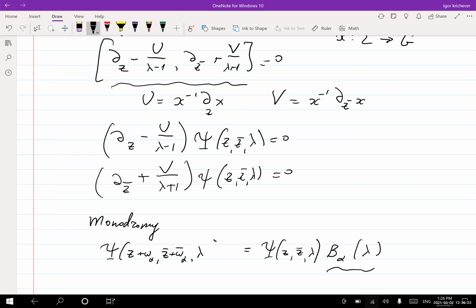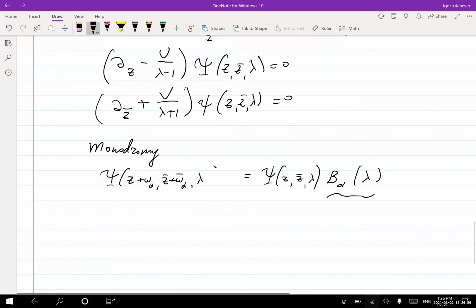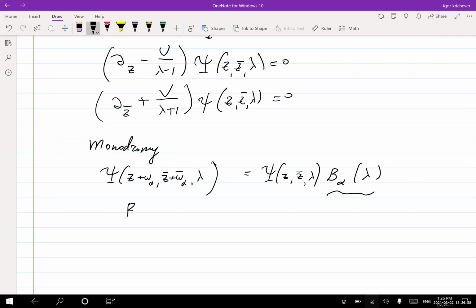Because coefficients are periodic, this is B alpha of lambda applied to psi. So shifting z by two periods, you get two monodromy matrices. And for each B alpha, you can consider the curve defined by its characteristic equation: determinant of mu minus B alpha, which depends on lambda, equals 0.